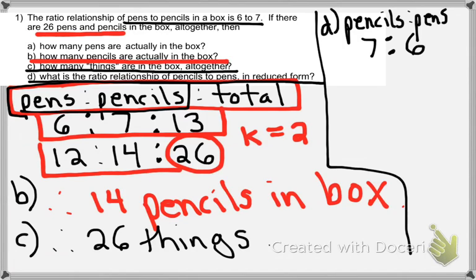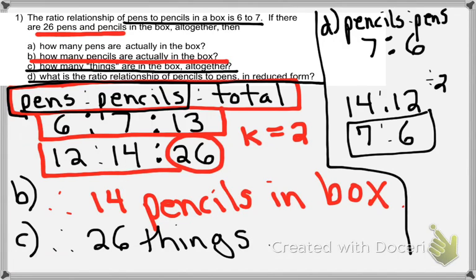They just want the ratio relationship of pencils to pens in reduced form. Well, you can't reduce that anymore. If we had chosen to take 14 to 12, then we would have to divide by 2 to put it into reduced form, which would be 7 to 6. So this is our reduced form of pencils to pens.